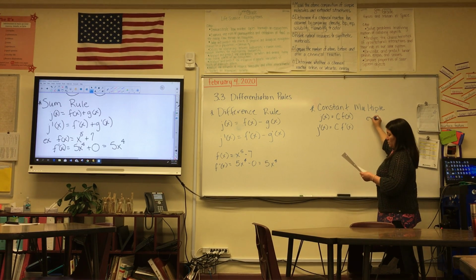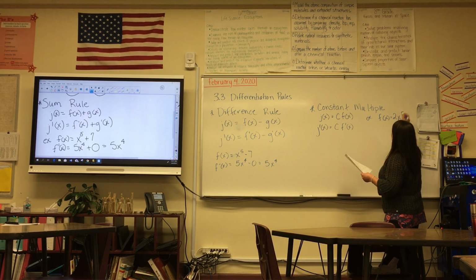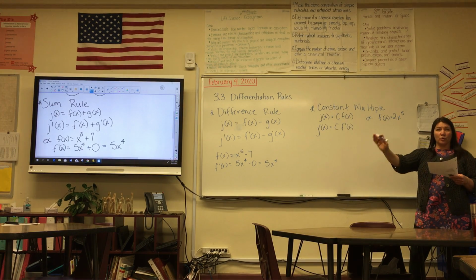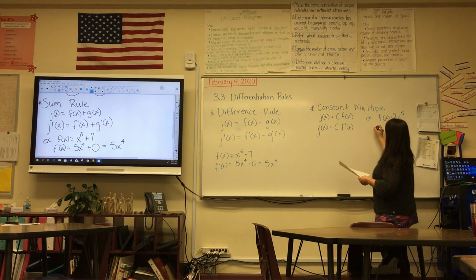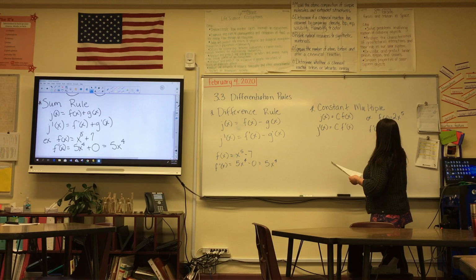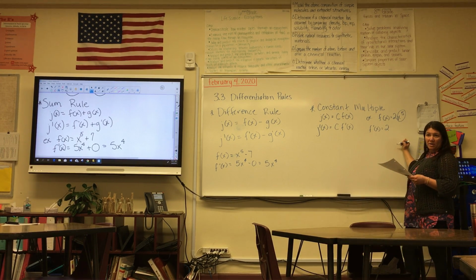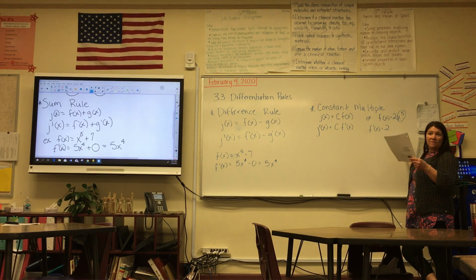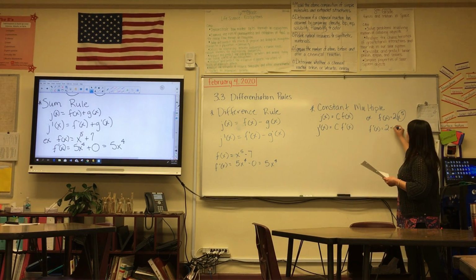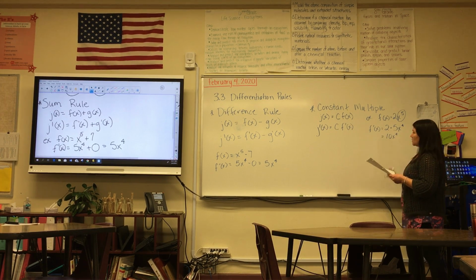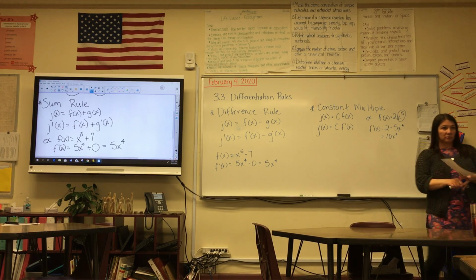For example, if f of x equals 2x to the 5th, I just pull that 2 out. So f prime of x is 2 times the derivative of the functional part, which is 5x to the 4th, which gives me 10x to the 4th.